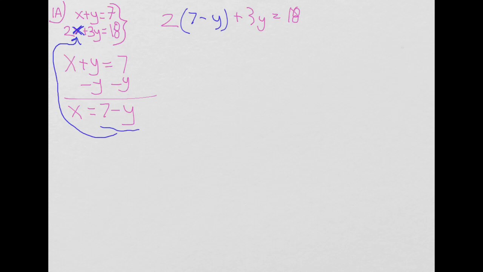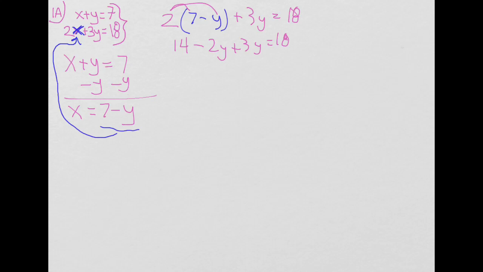So you see, all I've done is I have substituted in for x in that second equation. Now I'm going to distribute that 2 and simplify. 2 times 7 is 14, minus 2 times y is 2y, plus 3y equals 18. And now I just need to simplify this, combine like terms, and solve for y. So I'm going to combine like terms.